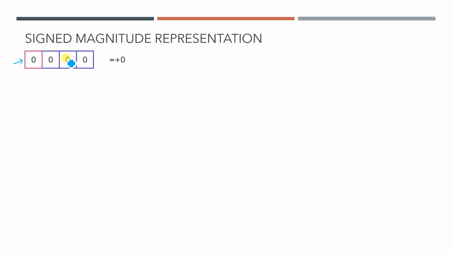Suppose in the magnitude field I put all zeros. Then what does it represent? It represents positive 0, because this is the sign bit and the remaining bits represent the magnitude. The decimal equivalent of 000 is 0, so this is the representation of plus 0. Similarly, if I put 1 here, this is the representation of plus 1.